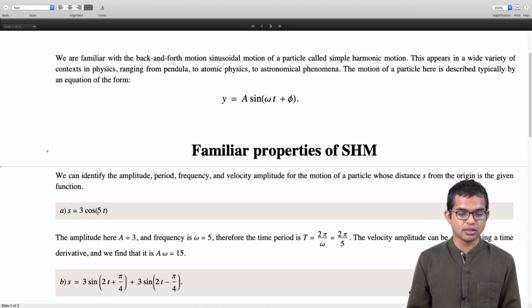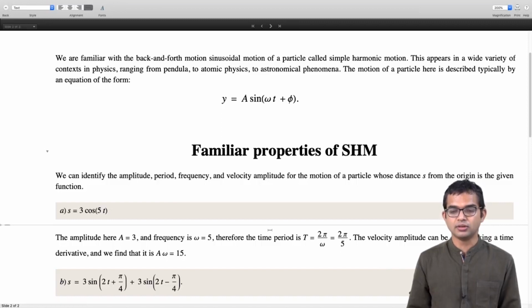The amplitude here is going to be just 3. Then the frequency is the angular frequency, which is 5, and therefore the time period of this motion is 2 pi by omega, which is 2 pi by 5. You can also work out the velocity amplitude for this particle. You take the time derivative ds by dt, which will give you a minus 3 times 5.